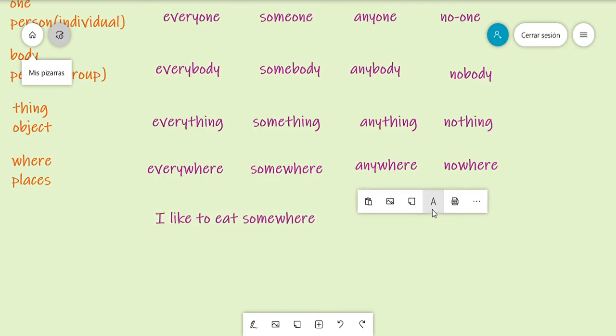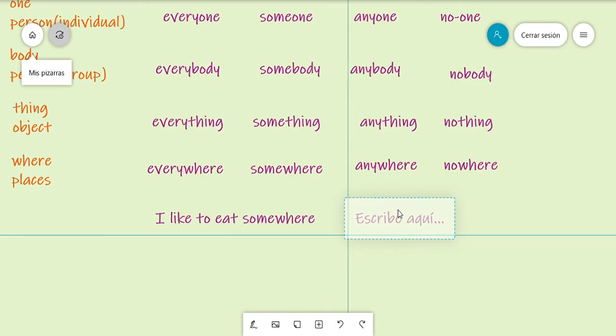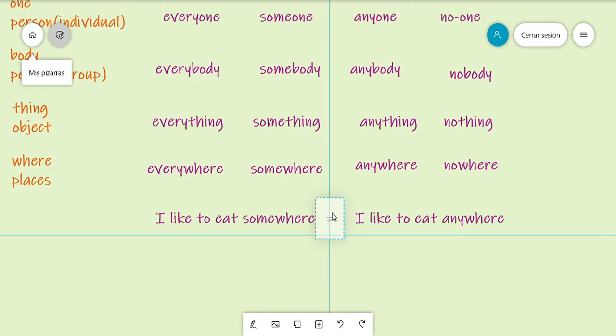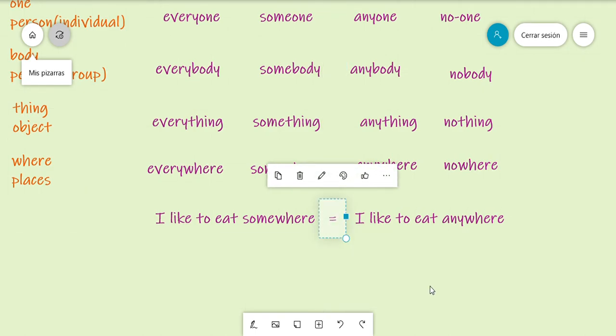And actually, if you write it with any, you have the same example. I like to eat anywhere, so that you don't have any specific place that you want to eat. Both sentences are affirmative, and they have the same meaning.